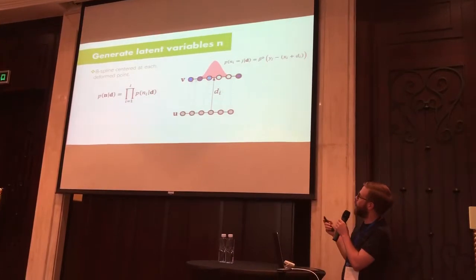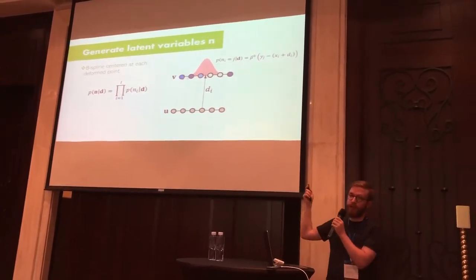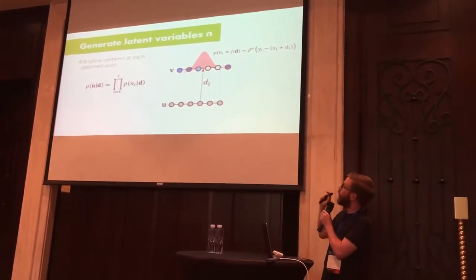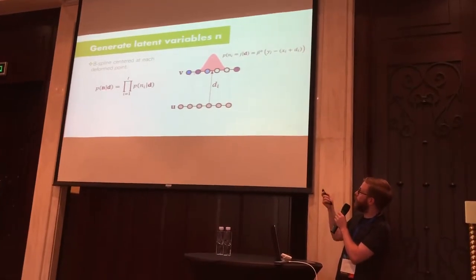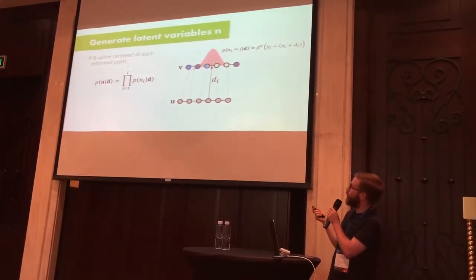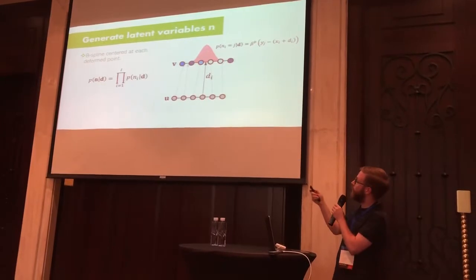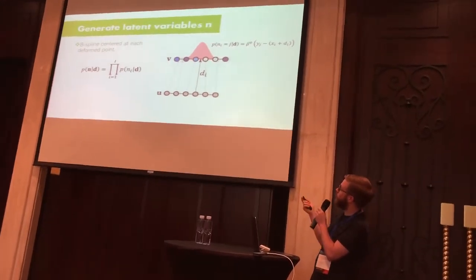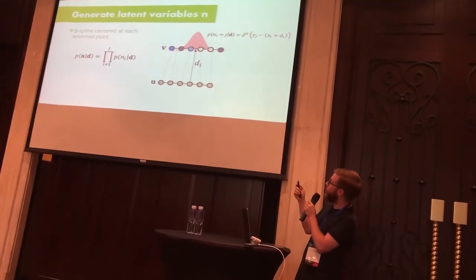So we have the deformation point pointing somewhere in the space of V, but not at a specific voxel location in V. And then you can see the B-spline centered at that location.